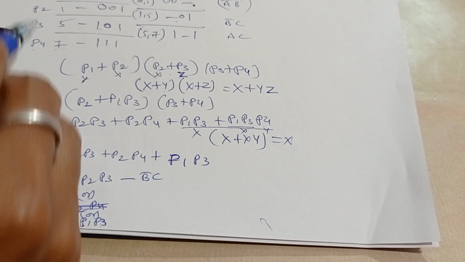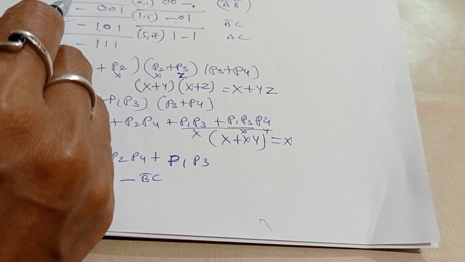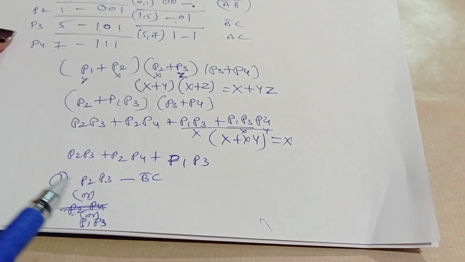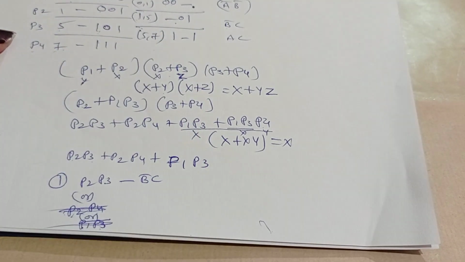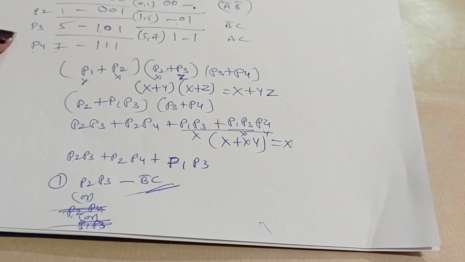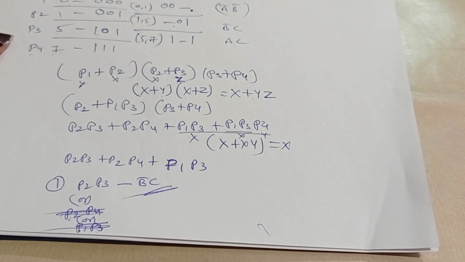Next P1 P3: P1 is 0 and P3 is 5, 0 5 is not there. So no. Final answer is B bar C.